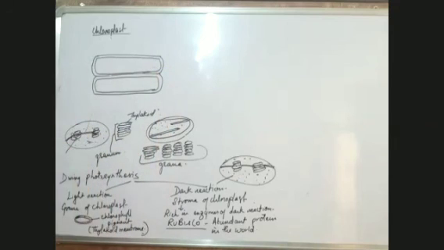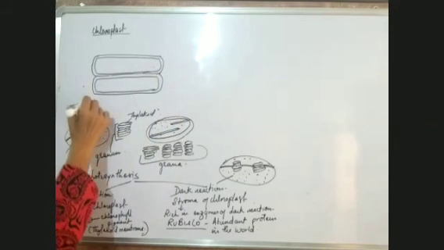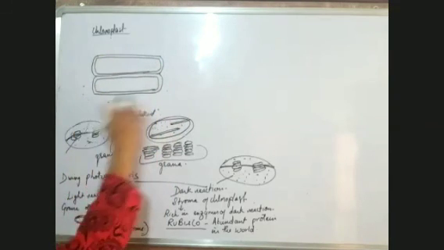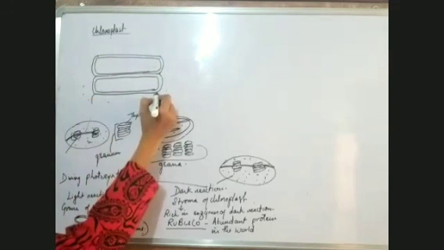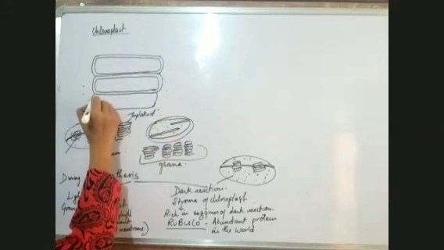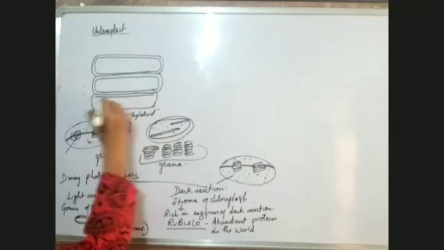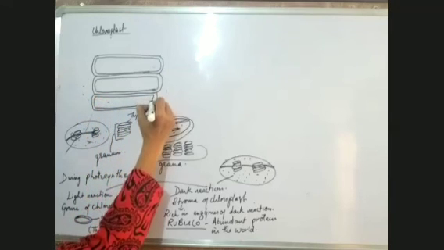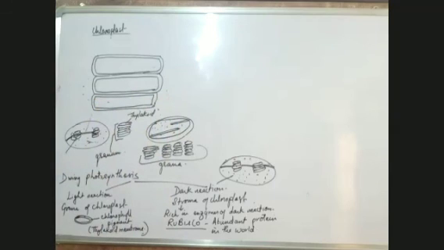Now, outside, what do we have? I'll make one more for you. Thylakoids are arranged one above another to make granum. So this is one granum with 3 thylakoids.